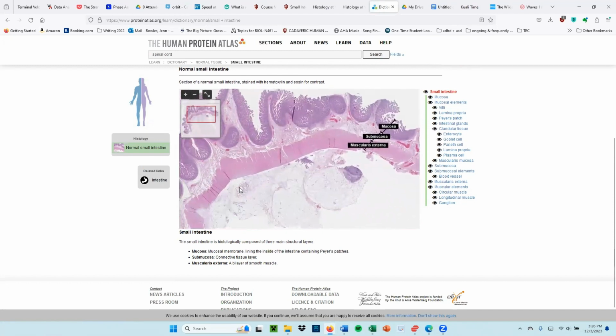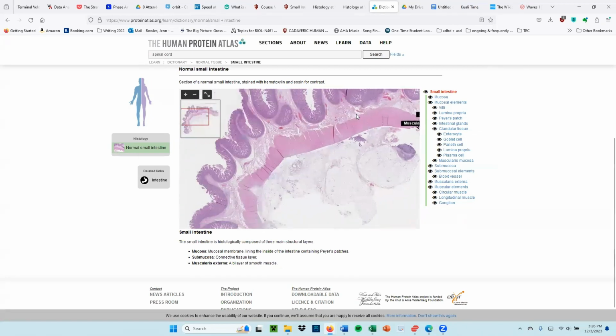I don't know if you looked at this in class, but for our microscope slide, we have three separate circles of tissue, one from each part of the small intestine. So microscopically, you do need to know the difference between duodenum, jejunum, and ileum. When looking at the macroscopic model of the torso, you do not need to know those separate regions. So that's going to be solely identification under a microscope.